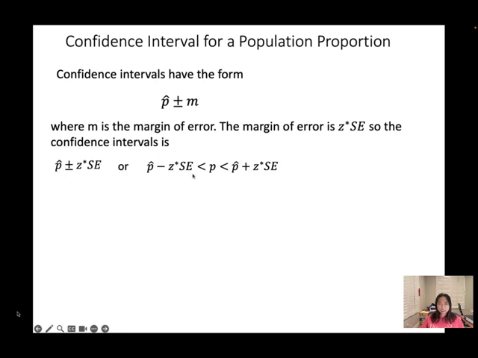If I write it out, the population proportion will be in between the sample proportion minus the margin of error and the sample proportion plus the margin of error. You could use the inequality to represent the confidence interval, or you can use the interval notation here to represent the confidence interval.